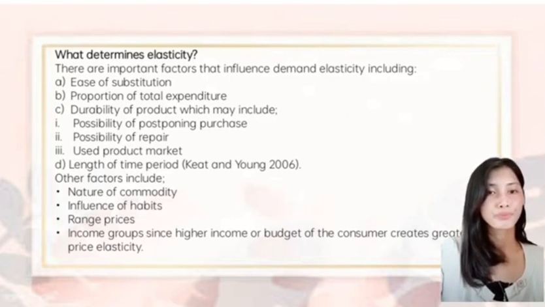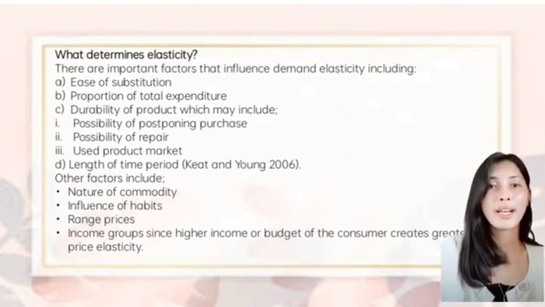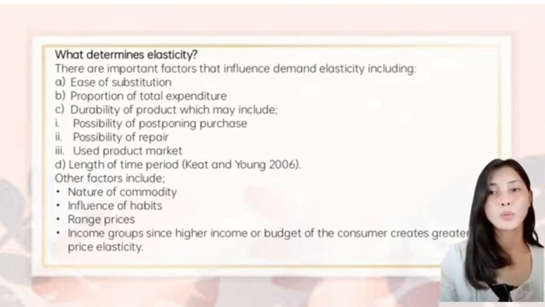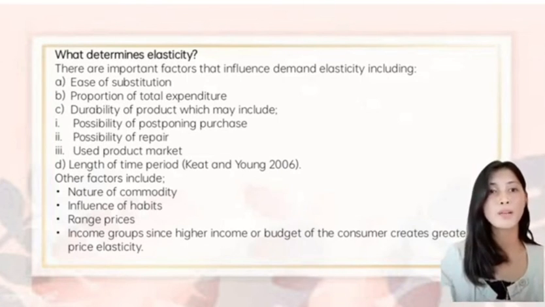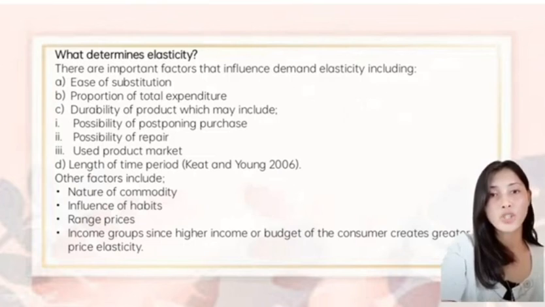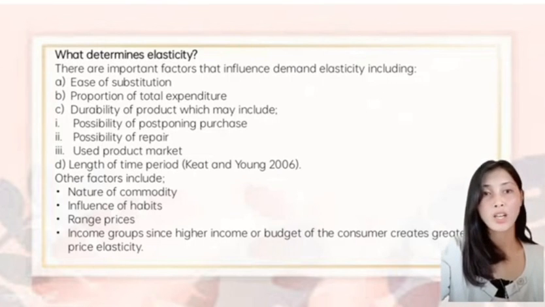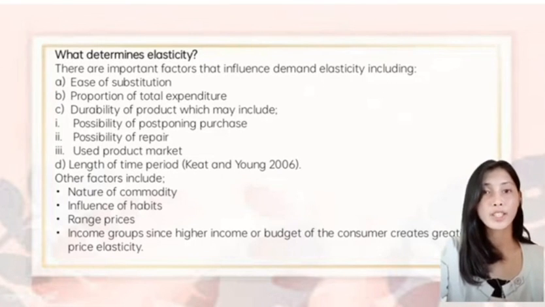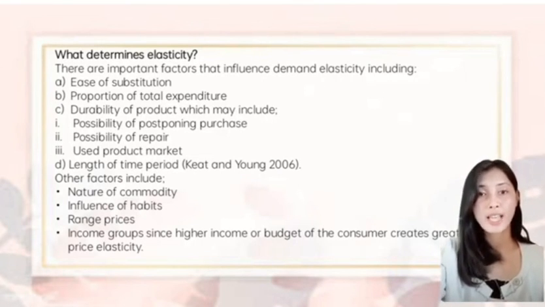As markets broaden, more and more product substitution becomes possible. Advances in modes of transportation and communication, accompanied by a decrease in their cost, have increased the size of markets over time.